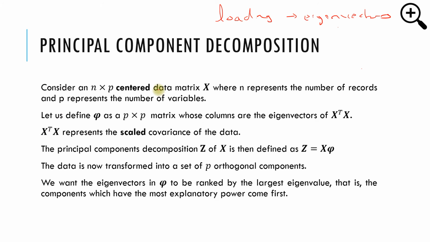This is what I'm discussing now. To understand that, let's take a context where you have an n by p centered data matrix. I repeat, centered data matrix. Just as I told you earlier, x1 up to xp, for observations 1 up to n, but these x variables are centered: their means have been subtracted. In other words, the new data matrix x has a mean of 0 for each column.